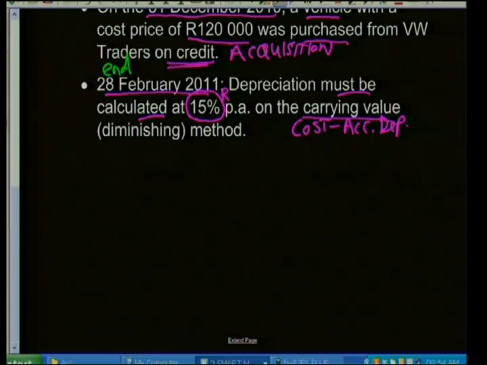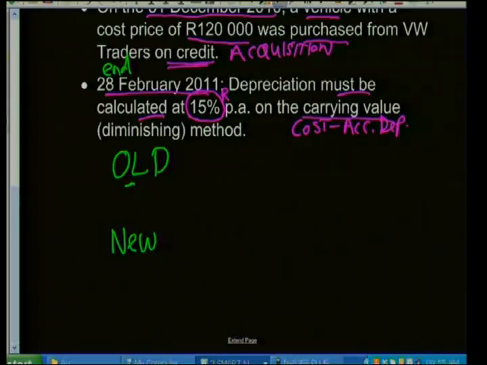We've obviously got old vehicles in the business, and we've also purchased a new vehicle. Because of the time difference, we've purchased the new vehicle during the financial year. The old vehicle was purchased in a previous financial year. We need to show our calculations separate.